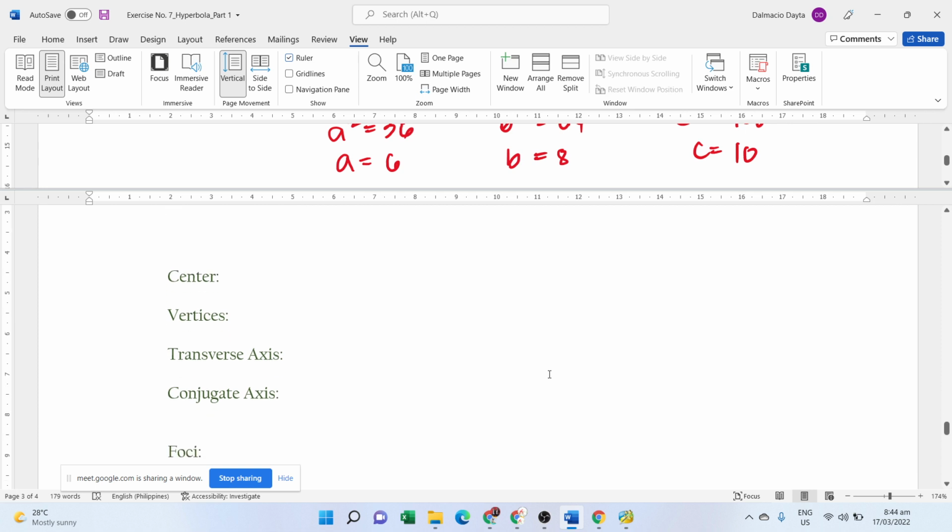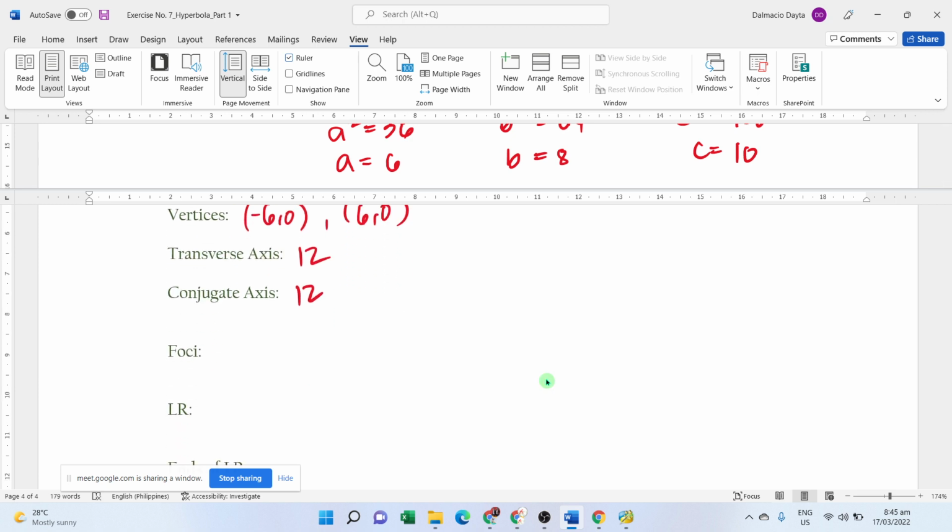So let's start with the center. Center, 0, 0 po. Next, vertices. Negative 6, 0 and 6, 0. Okay, next. 12. 12 rin po. Okay. Foci. Negative 6 square root of 2, 0 po.